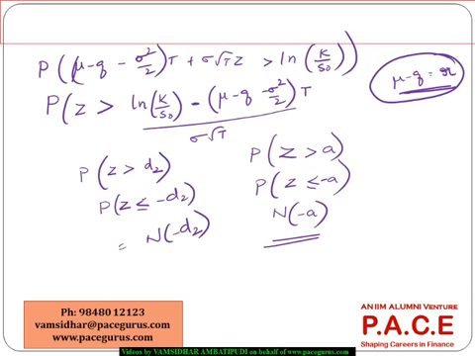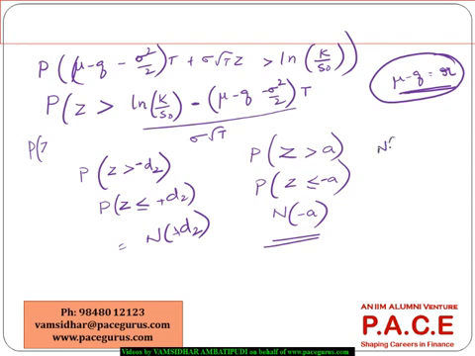So the probability that the call option expires in the money... z is greater than minus d2 here, because if I am looking at mu minus q equal to r, I need log s naught by k, not k by s naught. So this is coming out as the probability z greater than minus d2, otherwise it is less than or equal to d2. So it is becoming n of d2.